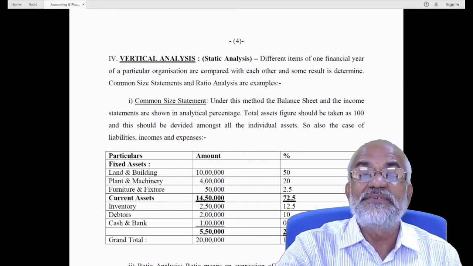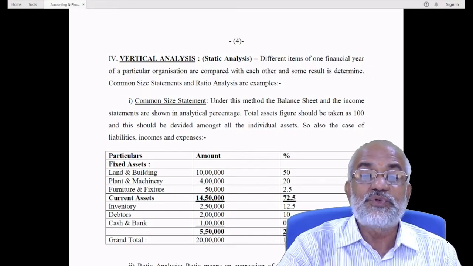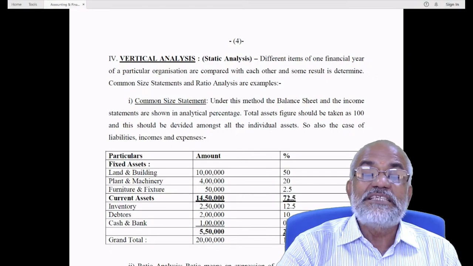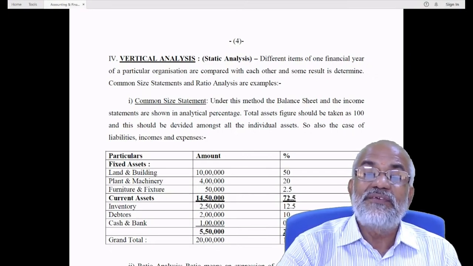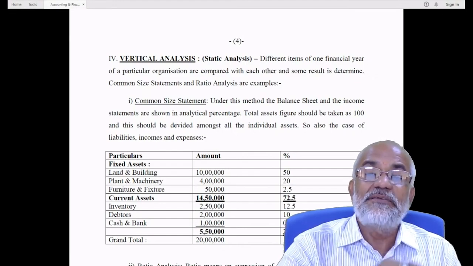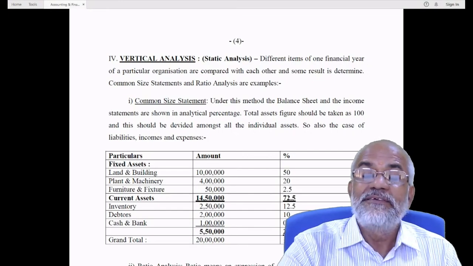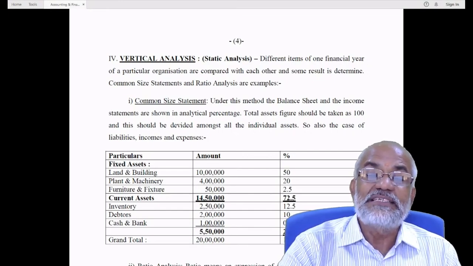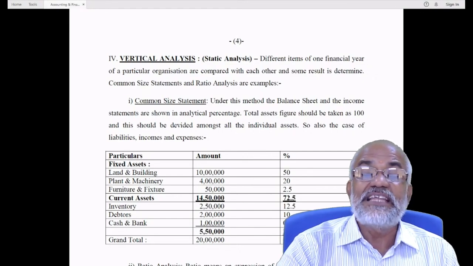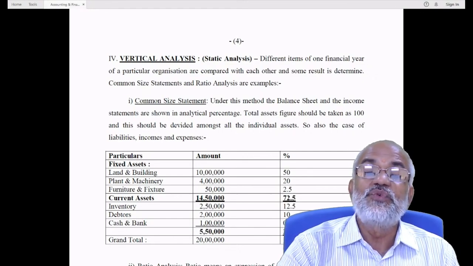So under percentage, the figure 50 has been shown. And plant and machinery is 4 lakhs, so it is 20% of the total of assets, total assets being 20 lakhs. And furniture and fixtures is 50,000 only, so it is coming 2.5% of the total assets. So the total of fixed assets is coming to be 72.5%.